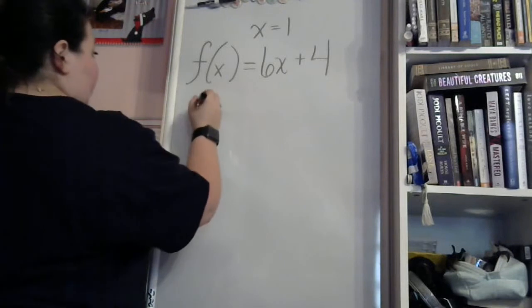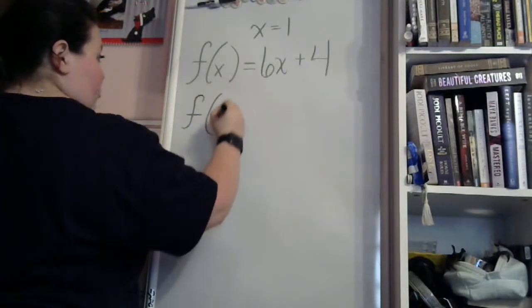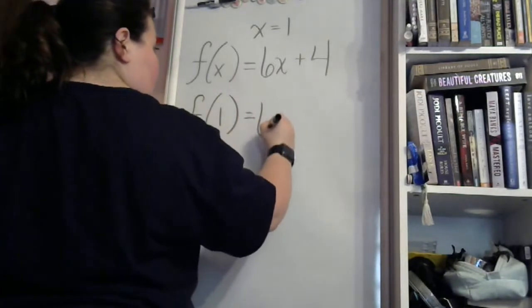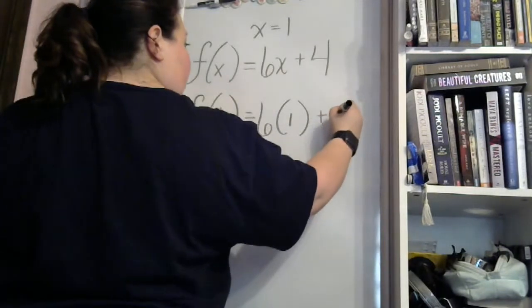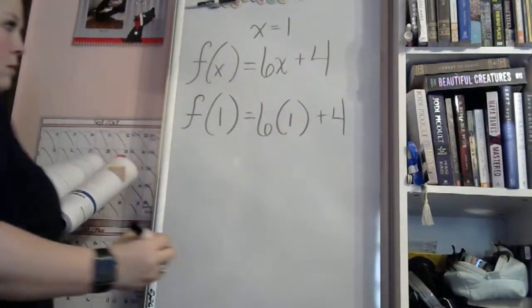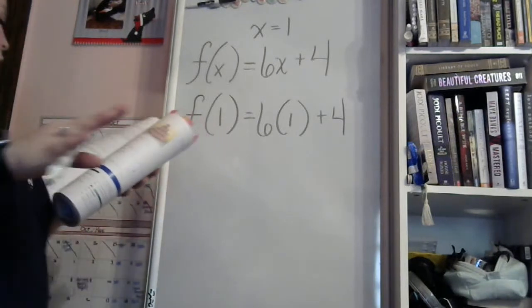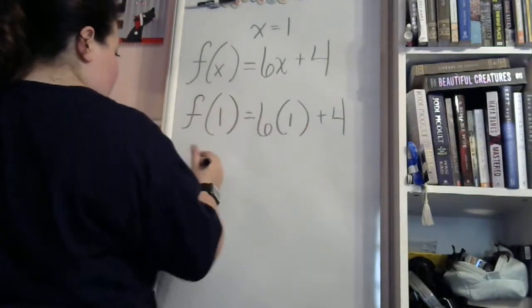So we're going to write f. Since this is an x, we're going to replace this with the 1: equals 6 times 1 plus 4. I promised you this wouldn't be as scary as it is. So now we're going to solve this part.